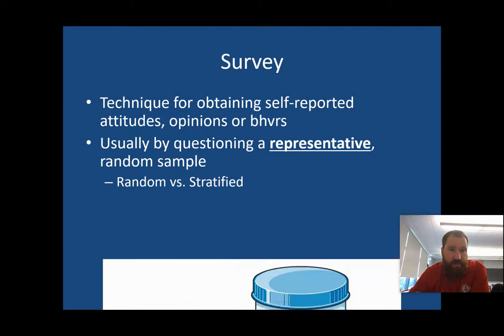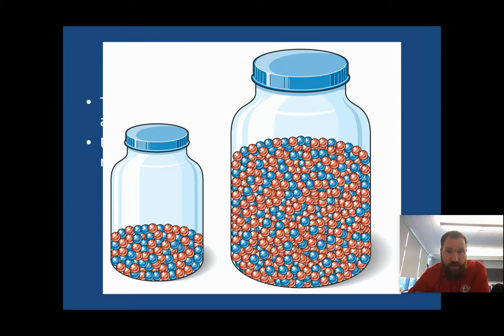So imagine, and I know some teachers that do this, imagine that you are given a giant jar of beads. Some are red, some are blue. And you're told to get the percentage of red to blue. Does that mean you could go and count every single bead in that big jar? Yes. Will it take you a while? Yes. Will you get a correct answer? Yes. But you can also get pretty close, if not almost exactly close, by taking a smaller section out of that larger jar and counting those.